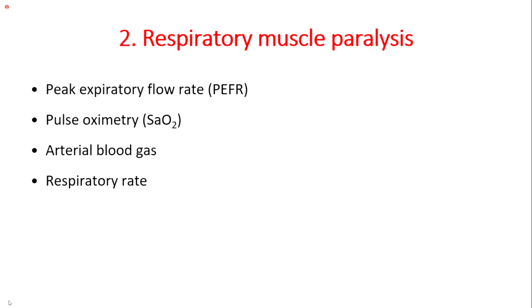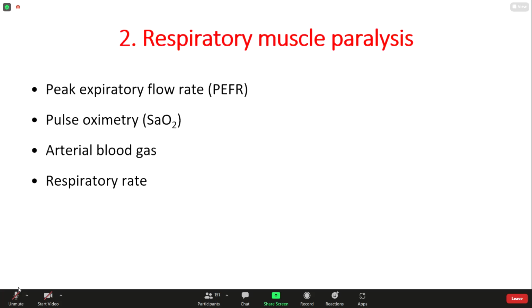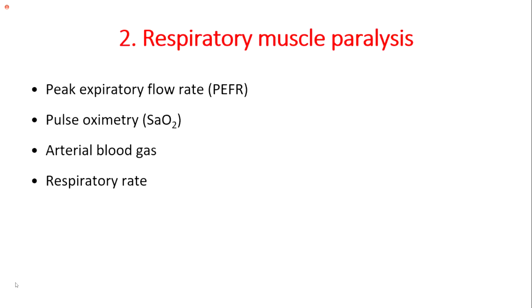So when there's respiratory muscle paralysis, you cannot appreciate the increase in respiratory rate because it will be shallow. And even if the respiratory rate should increase, he cannot do it because the muscles are paralyzed. So again, respiratory rate is not very useful in respiratory muscle paralysis. So basically, all these four are not sensitive, too late, and of little value. So in a patient with Guillain-Barré syndrome, don't waste time with these things.